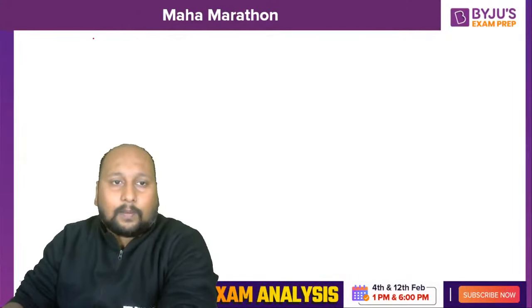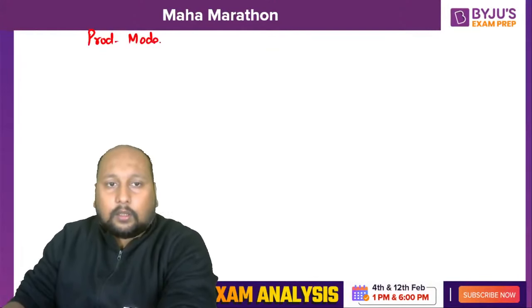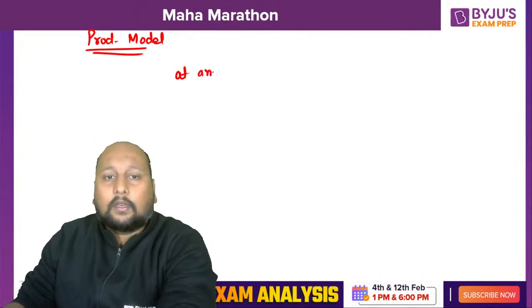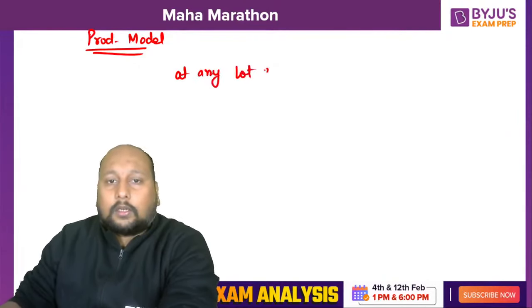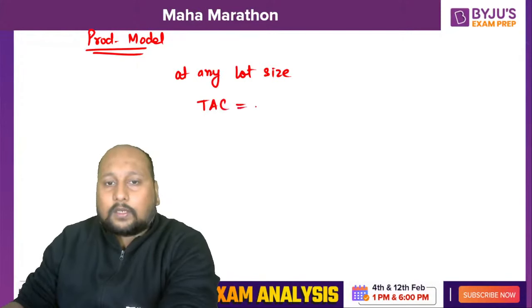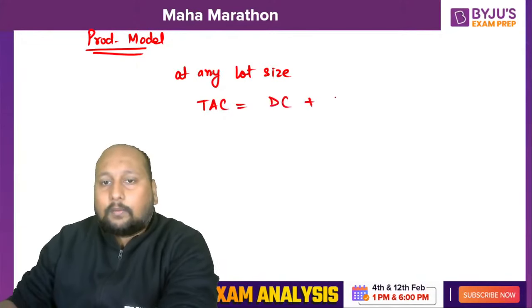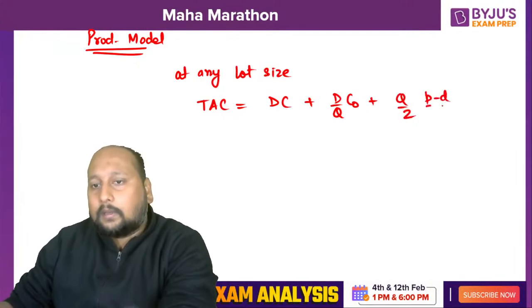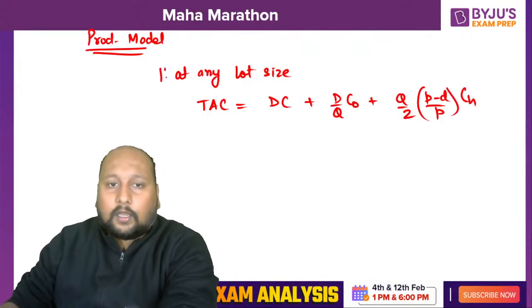So if I try to compile for the production model, for any lot size, the total annual cost is equal to D into C plus D by Q into CO plus Q by 2 into P minus D by P into CH. Okay, this is for any lot size.